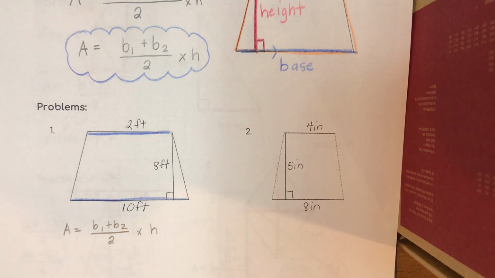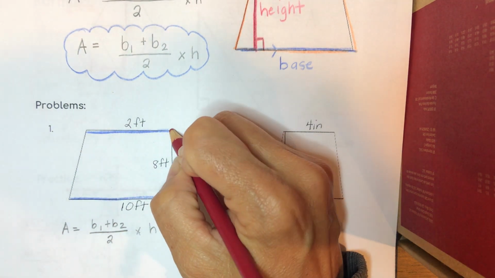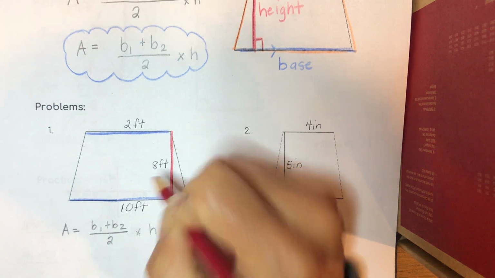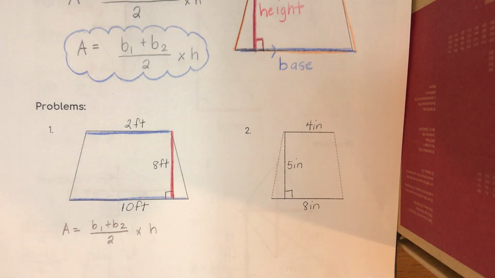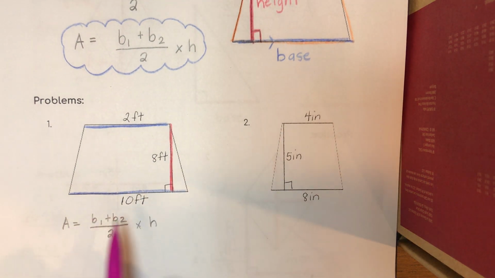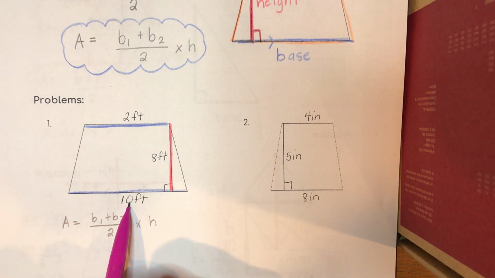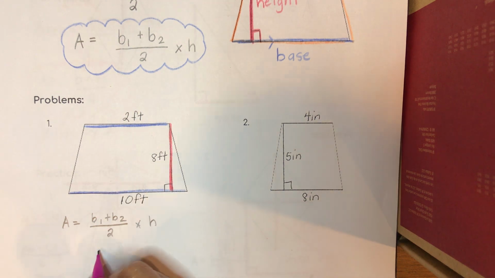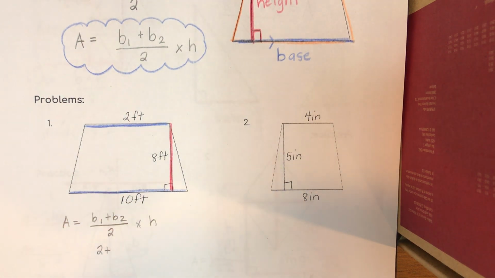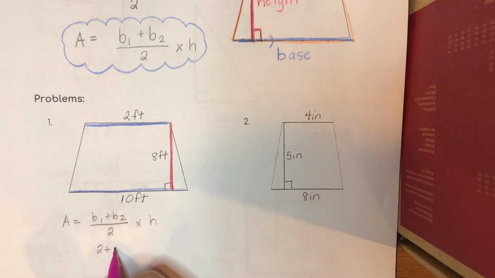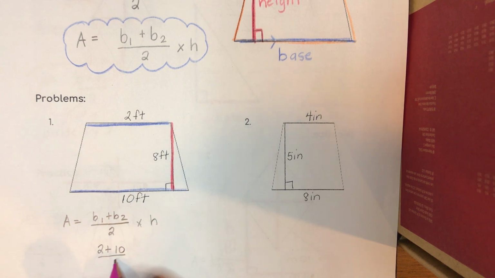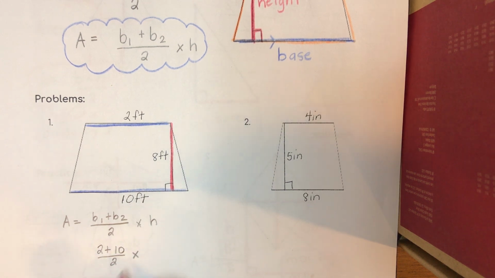Our height is the line that is perpendicular to the base, which is 8 feet. So now we plug that into the formula. Base 1, I'm going to use 2. Doesn't matter if I start with 10. I decided to start with the top. 2 plus the other base, which is 10, divided by 2 times the height, which is 8.